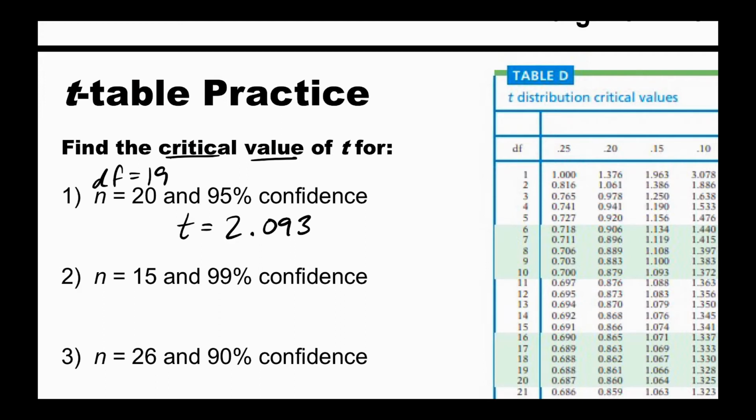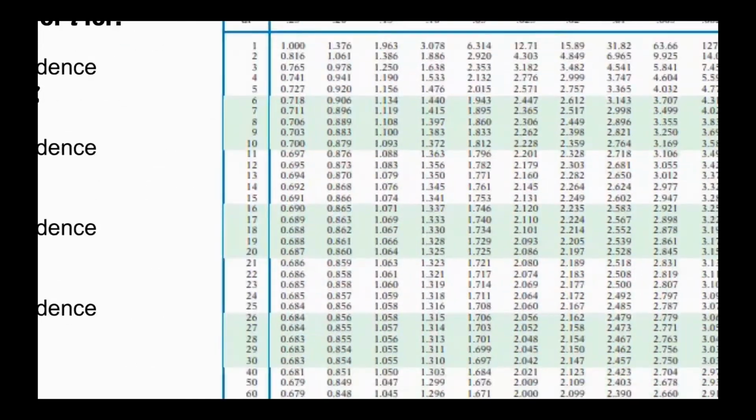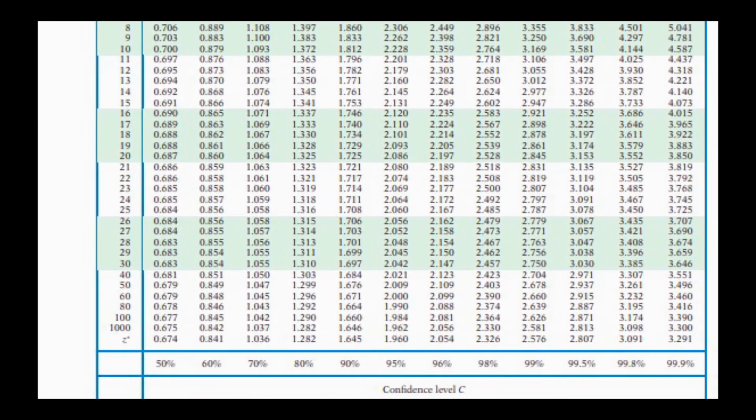It has the Z scores on the bottom. Exactly. If you look at the bottom, they are all Z scores, because that's based off an infinite degrees of freedom. So with a 95% confidence interval, what is the Z critical value? 1.96. There it is right there. Now what is ours?